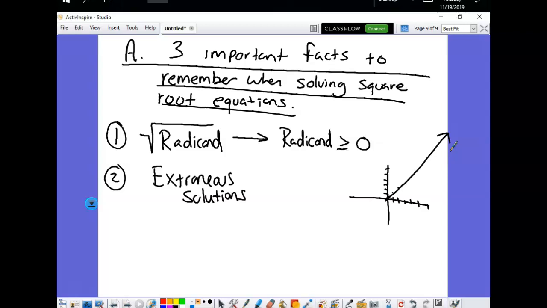So we have to think, even though math does things for us, we still have to think about whether those things actually make sense. When it comes to solving square root equations, we're going to do something to solve those, but when we do that, it has the potential to create a false answer. And a false answer is one that will make the radicand negative. So, since we have extraneous solutions, we need to check our work.